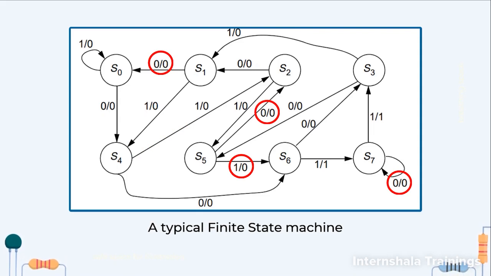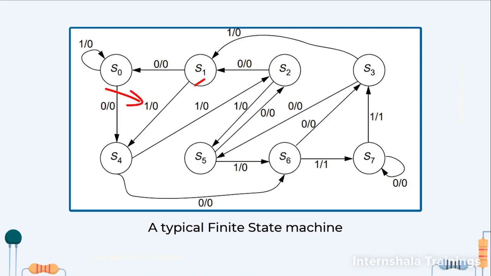We are going to talk about these in detail. But as of now, we should understand that the circles represent the states. The arrows represent the state transitions. On every arrow, two numbers are written, one on the left side of the slash, one on the right side. The left side number is the input, the right side number is the output.